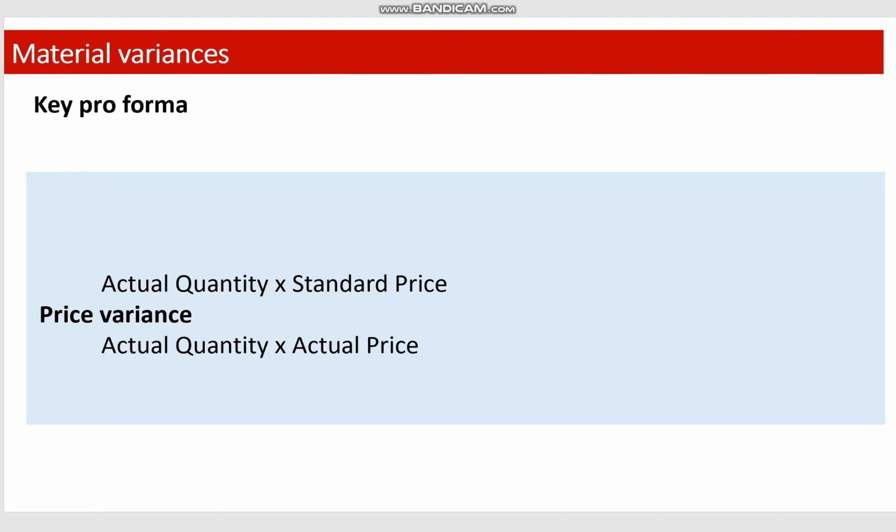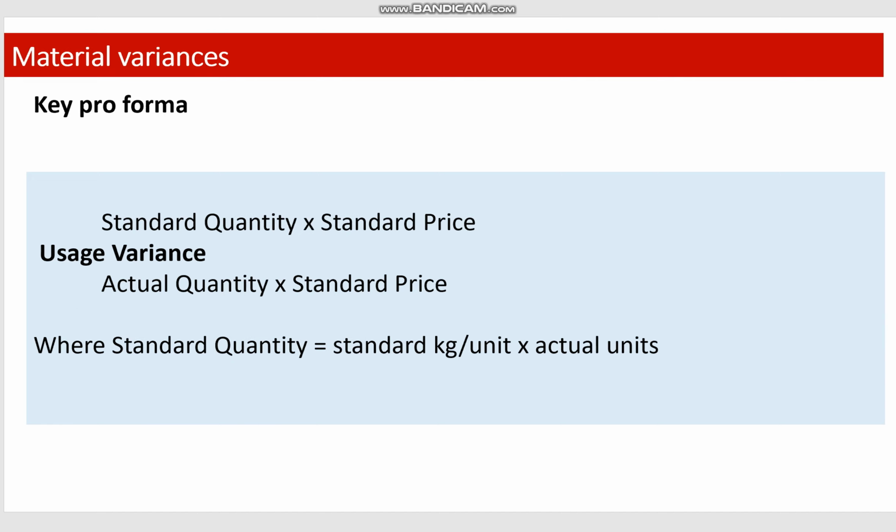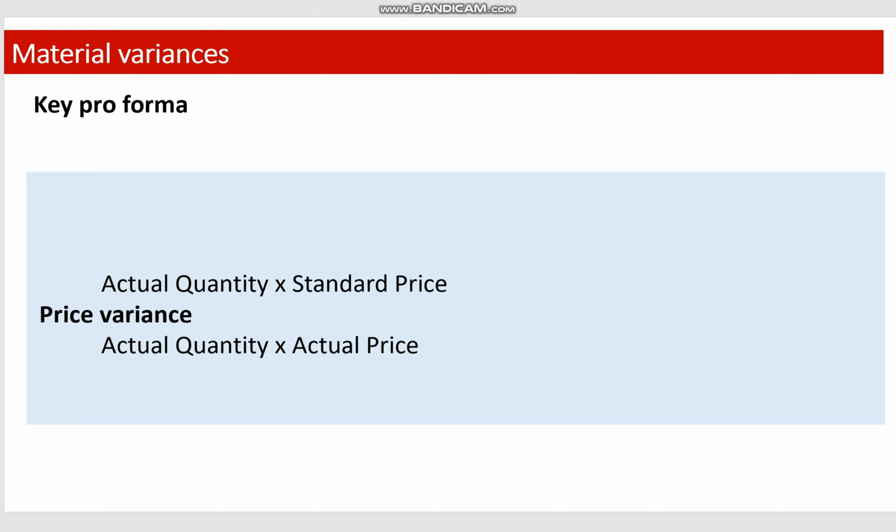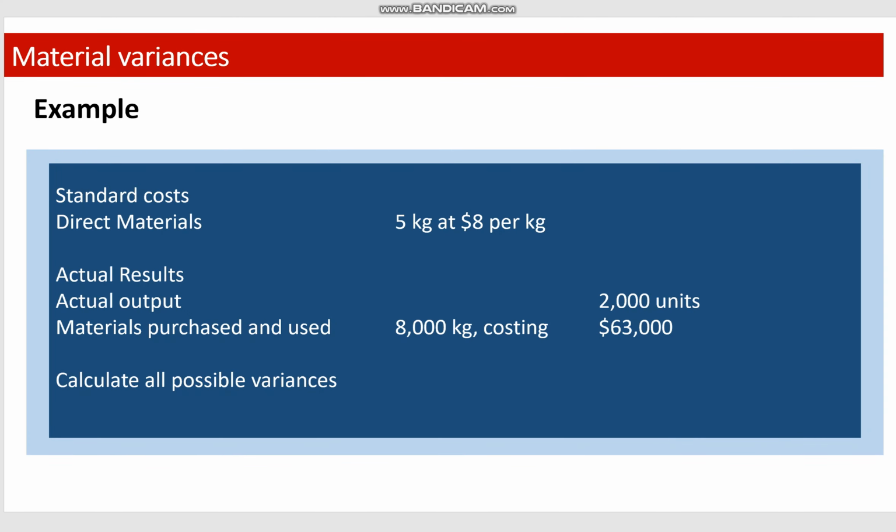Then price variance pro forma. The second line was actual quantity times standard price. We copy and paste this again, and then the last line is actual quantity times actual price. And we end up with the price variance. So we can have a quick look at an example and see how to calculate the direct material cost variances. Standard costs are 5 kilograms at $8 per kilo. Now what does it mean?